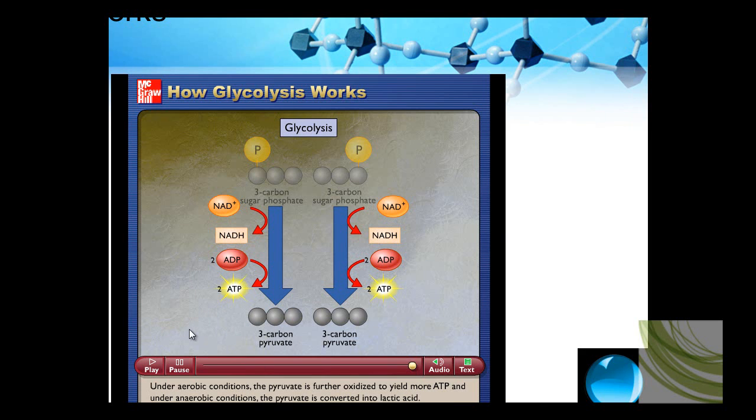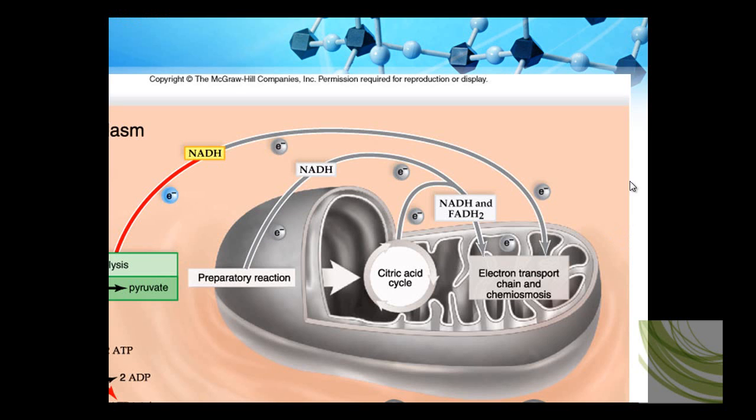Okay? And the pyruvate is going to be converted in the transition reaction to acetyl coenzyme A. So glucose to pyruvate. And you'll see these NADHs we made, they're going to go all the way down here to the electron transport chain.